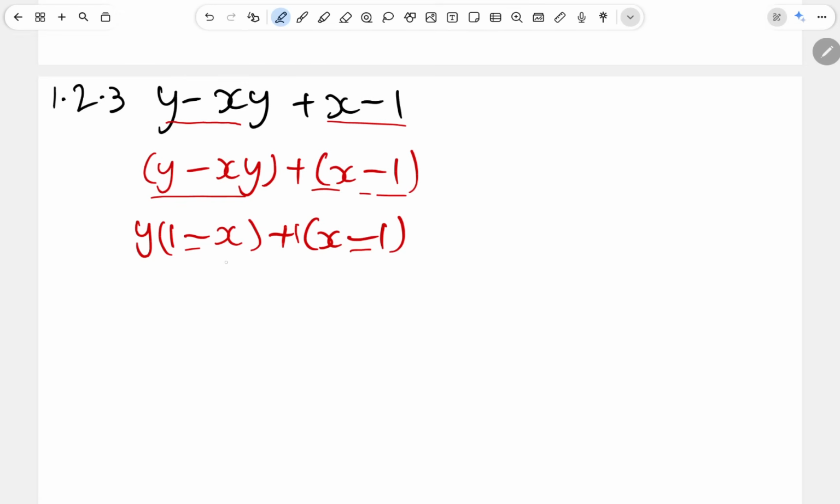We will change the positive 1 to negative 1 to flip the sign in the second bracket, like this.